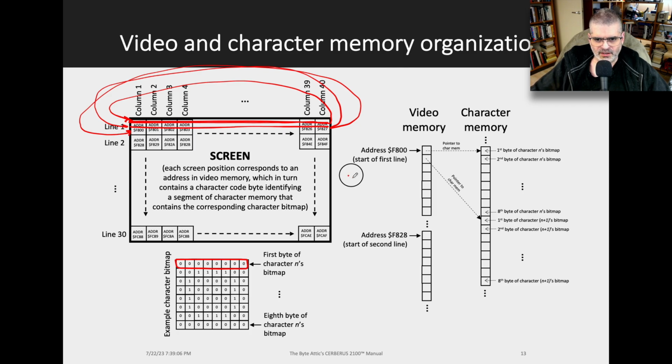So we make the characters twice as tall, and by sampling the shift register twice, we make it twice as large, and therefore we preserve the aspect ratio.